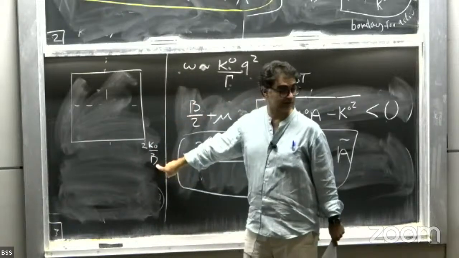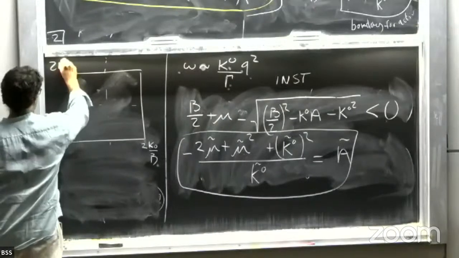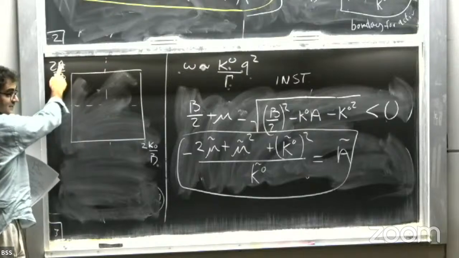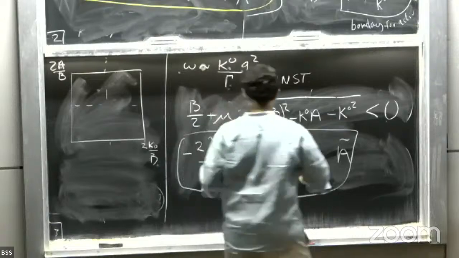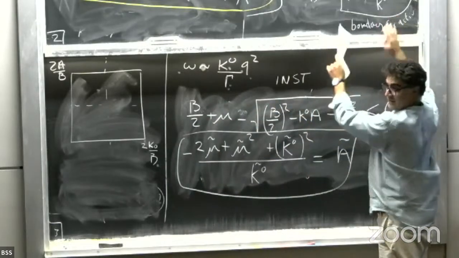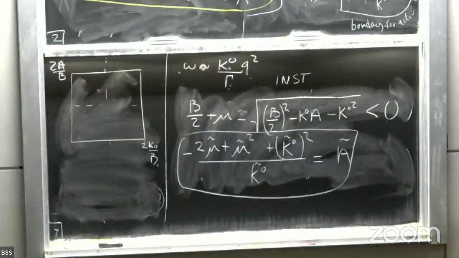This is what we call k naught tilde. And on this axis has 2a, there's the stupid 2 that keeps running, but that doesn't matter. This is a tilde. And now in this space, I can draw this curve and this curve. And these are the two boundaries between wave propagation and instabilities.